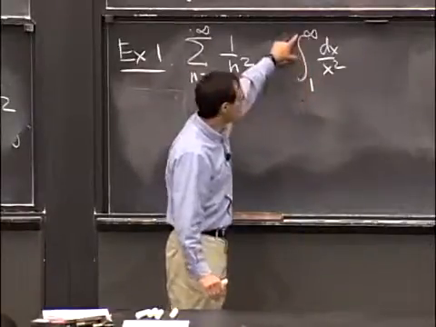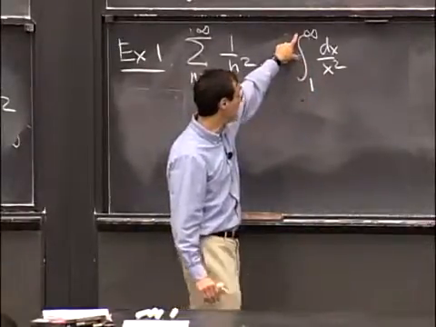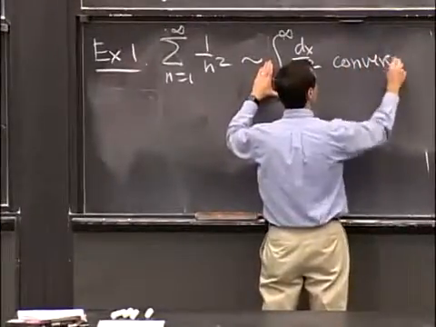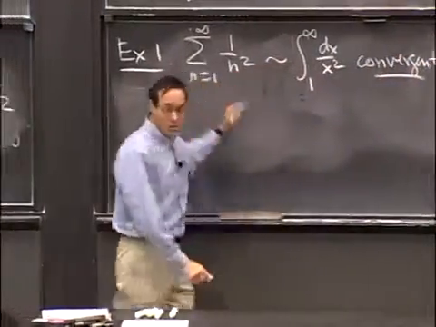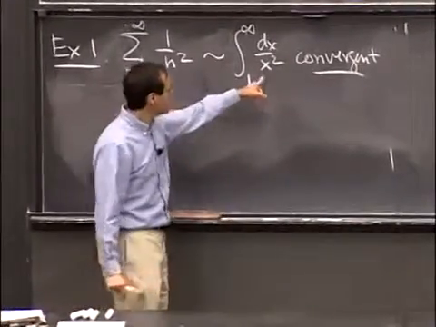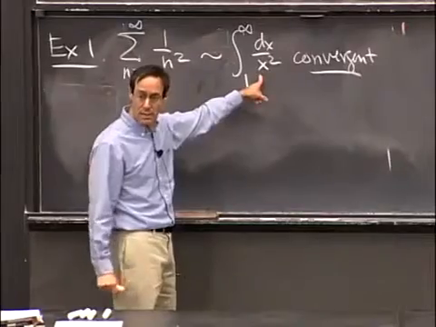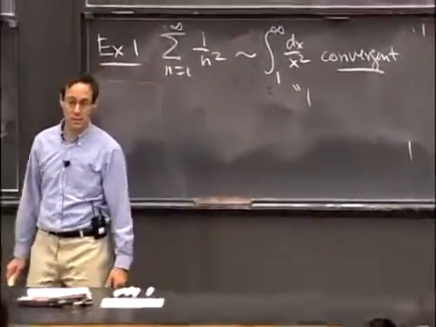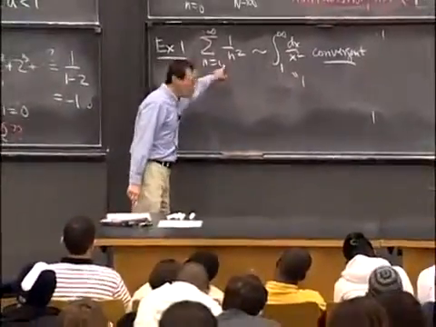And you should especially pay attention to the ones with an infinity in them. This one is convergent. And this series is convergent. Now, it turns out that evaluating this is very easy. This is 1. It's easy to calculate. Evaluating this is very tricky.